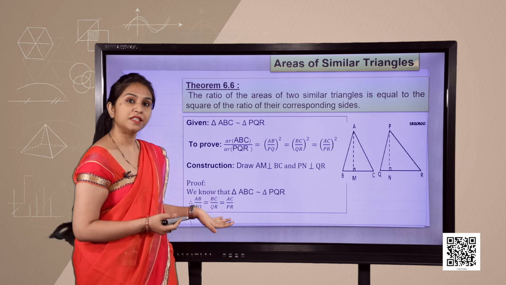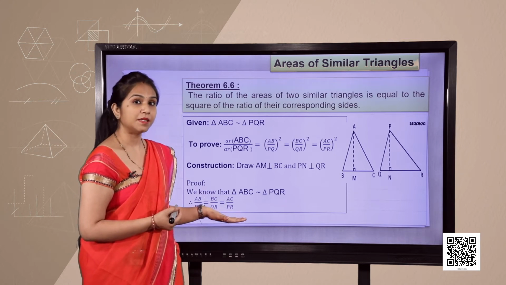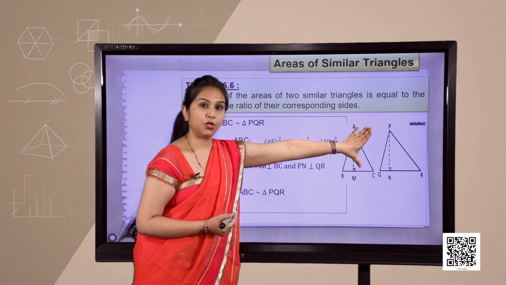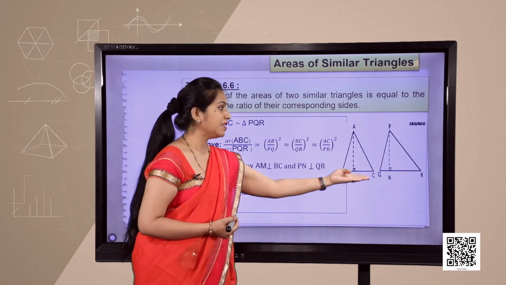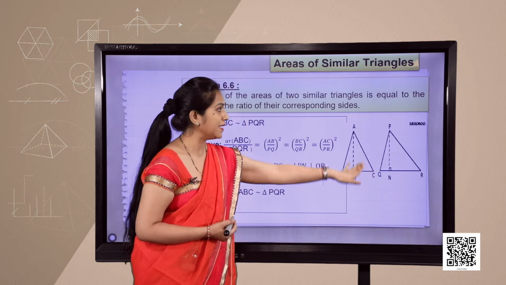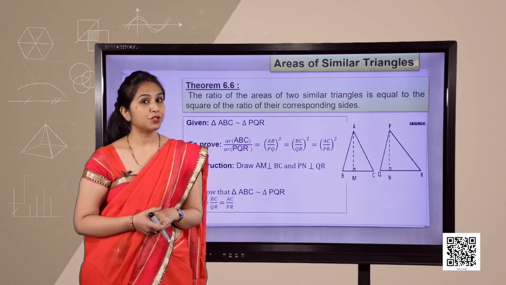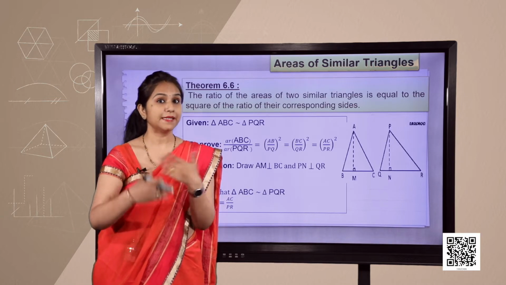So the first thing we write is that since the triangles are similar, their sides are in proportion, means AB upon PQ is equal to BC upon QR is equal to AC upon PR. Remember this first point because we are going to use it in our next step.